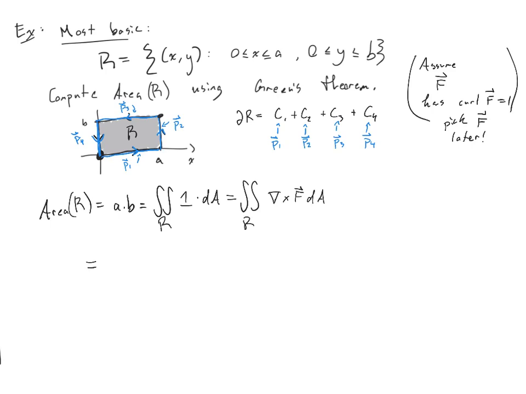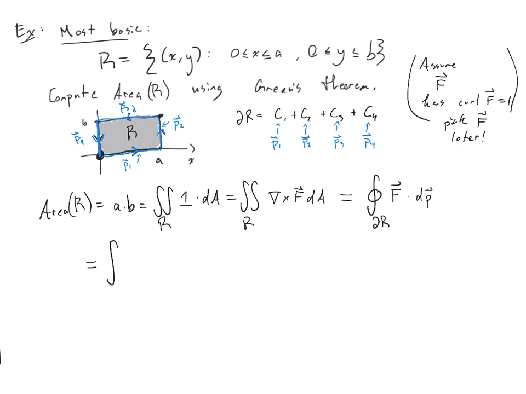And then using Green's theorem, let's just write it up here. Green's theorem says that's equal to the integral over the boundary of R, going counterclockwise, of f dot dp. And now I'm going to break that boundary integral up into four integrals, one for each side, and I'll write them out separately.